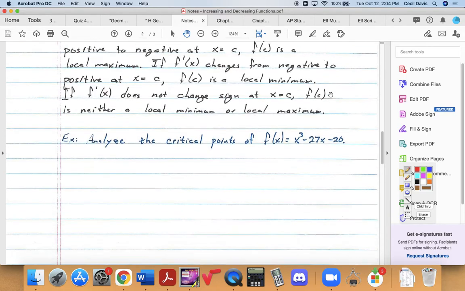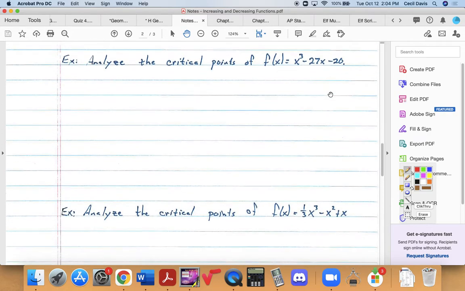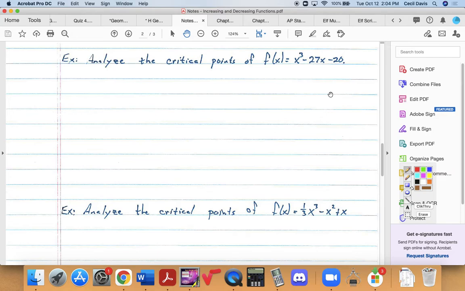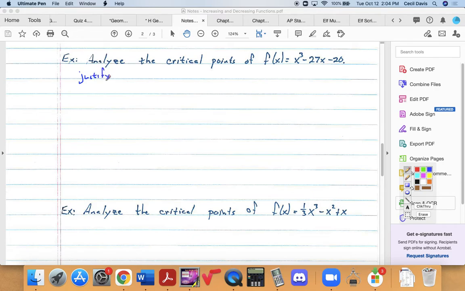All right. So let's analyze the critical points of f of x equals x cubed minus 27x minus 20. And just for fun, we'll add on the phrase justifying your answers.